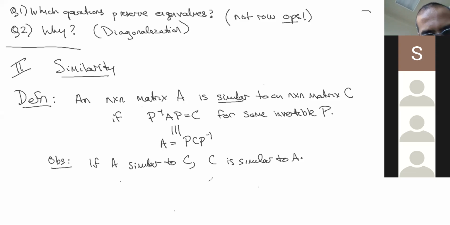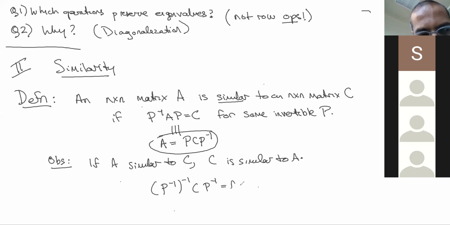The roles are reversed. The second equation actually satisfies the definition of similarity, but using P inverse instead of P. Similarity is a symmetric notion. If one matrix is similar to another, then vice versa is also true. So that's what similarity is.